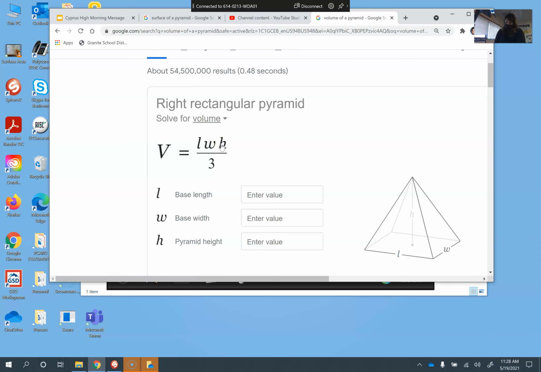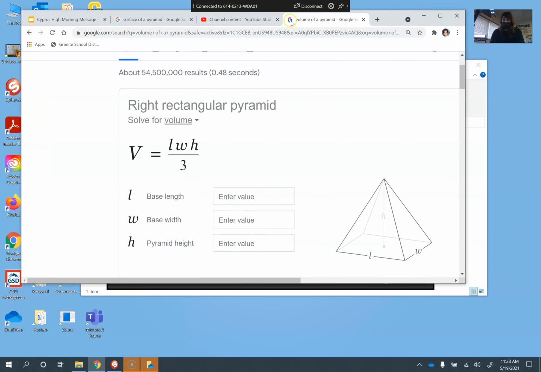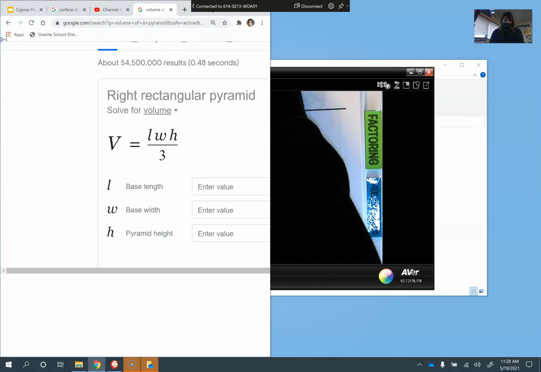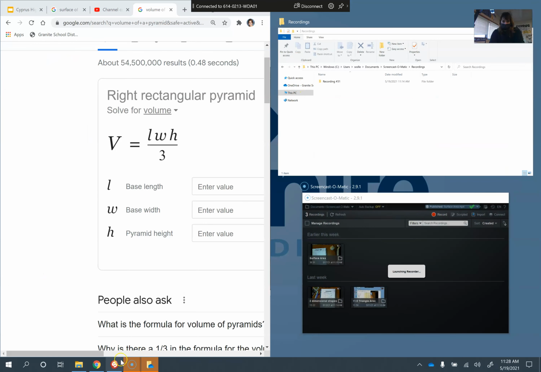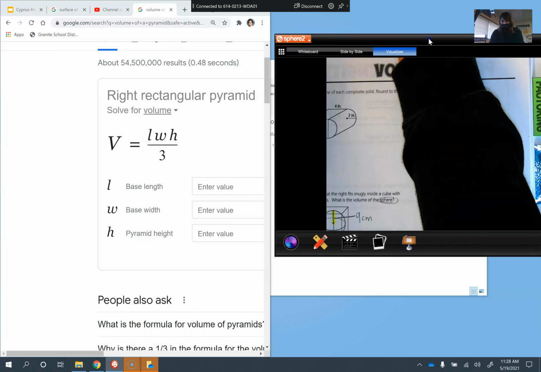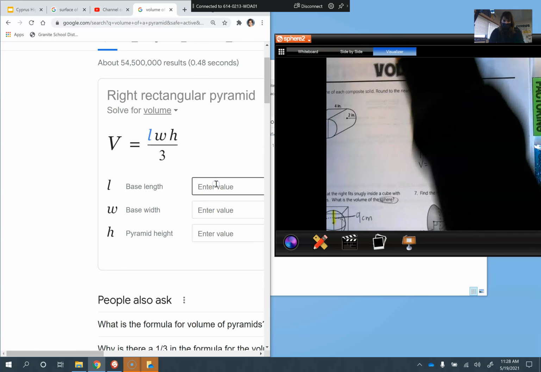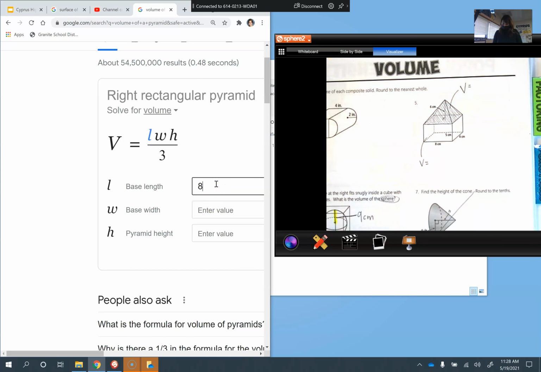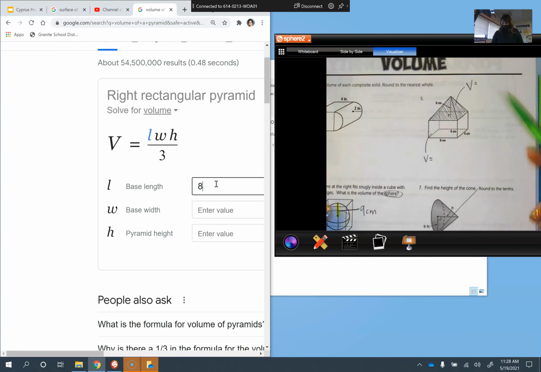Okay, the length of my pyramid matches the length of the rectangular prism. So what is the length of our pyramid? 8. And then the width of our pyramid matches the width of our rectangular prism.